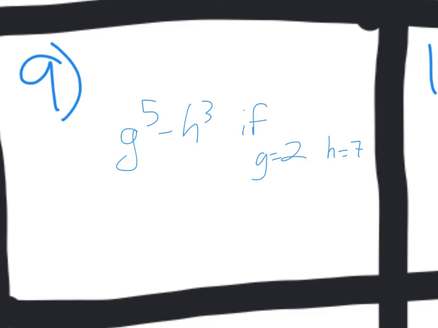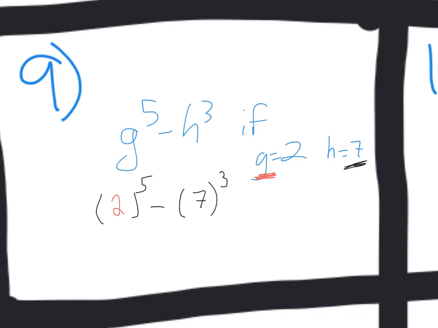So here I'm going to set up parentheses for my g, and I can keep that 5 up there, minus, then I can set up parentheses for h, and I can keep that 3 up there. Okay, now we substitute in. g is 2, so I can put 2 here. And h is 7, so I can put 7 right there.